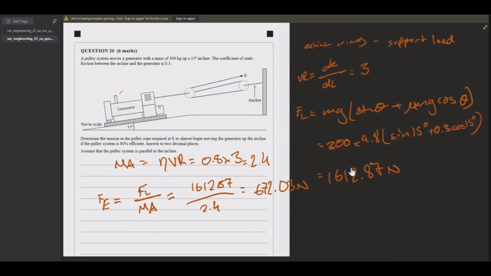Alright, so the marks here go to determining mechanical advantage, which is 2.4, determining mass times gravity. Why? I don't need to do that. I like to use this formula, so they'll give me the mark there anyway. Determines force of friction, which I've done. Determines the force parallel, which is that one.